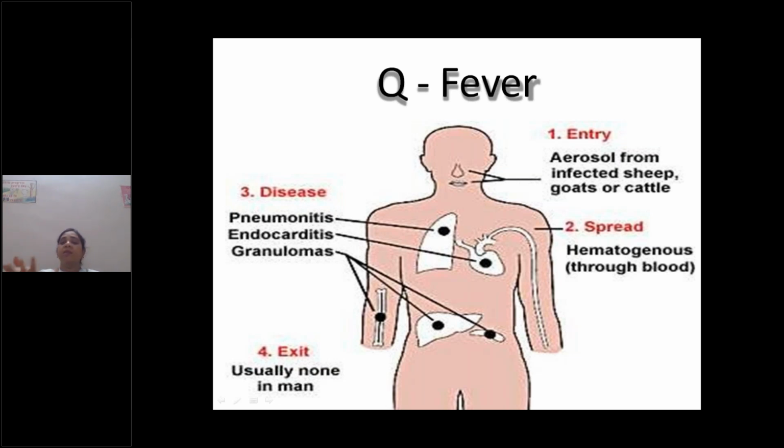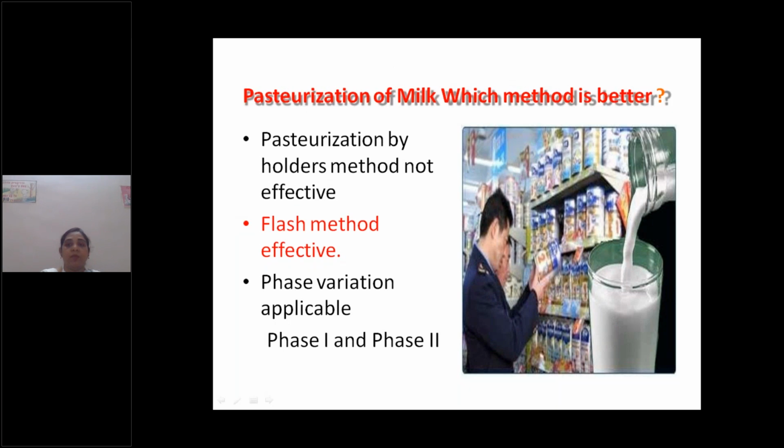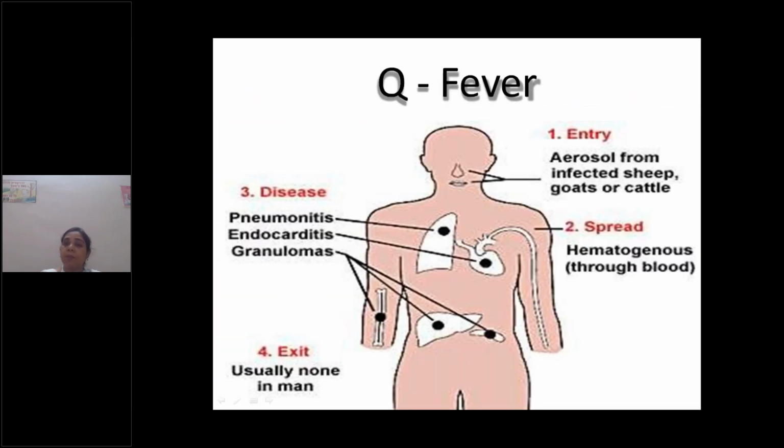Next, they enter into the bloodstream and then spread to different parts of the body, causing pneumonitis and endocarditis. So we have learned that this Q fever is transmitted by aerosol from infected sheep, cattle, and cats, right?